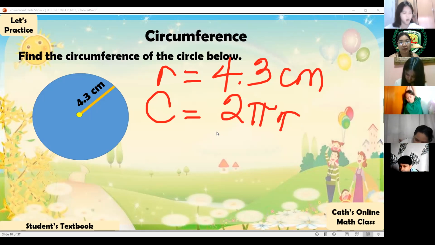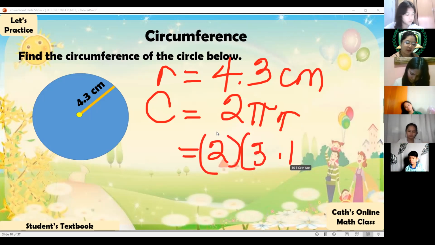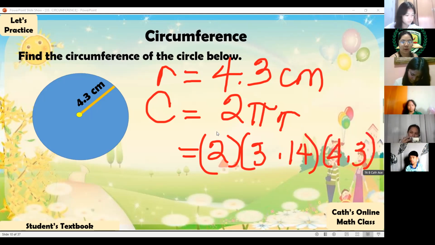Okay? Kaya kung si diameter, pi d lang. Pero, radius ang given. So, multiply nyo muna ng 2 beses si radius. Okay? So, 2 times 3.14 times 4.3 centimeters. Okay, hindi ko na nalagay dito yung centimeters.